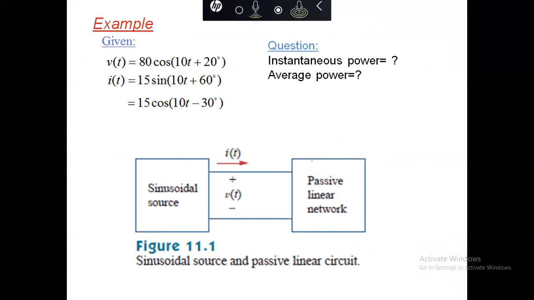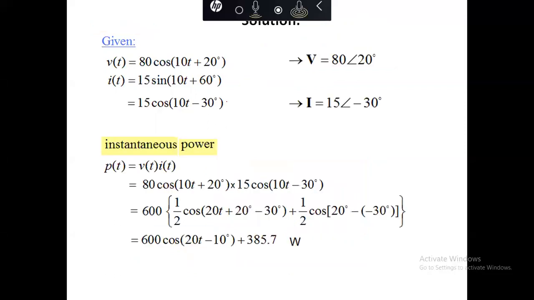So first we are considering voltage and current values, a source supplying a current at this voltage to this network. The values are given here. So how do we calculate the instantaneous power? Instantaneous power is calculated in time domain.